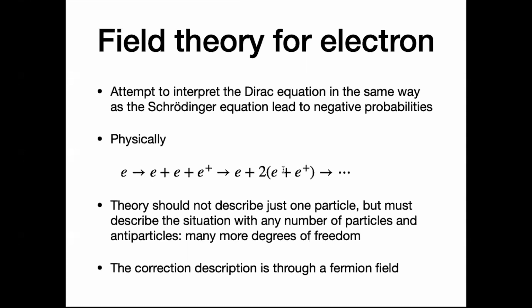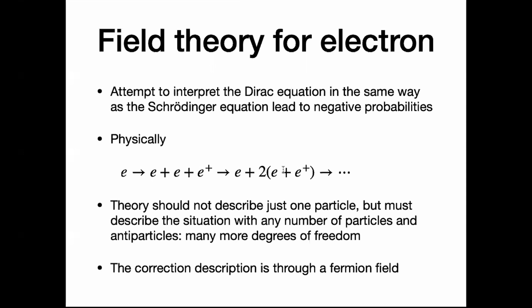So in the real world, because Einstein told us that energy can become mass, the number of particles is not conserved. The usual framework of the Schrödinger equation is to write down an equation that describes a system with a fixed number of particles.